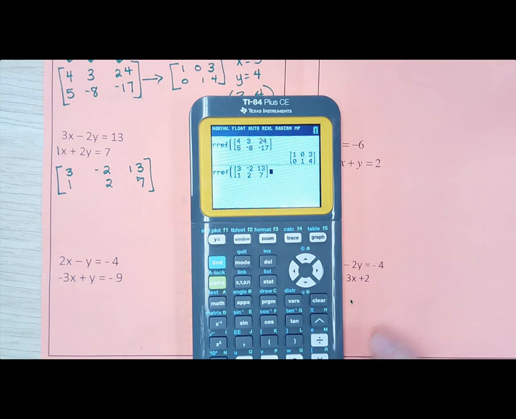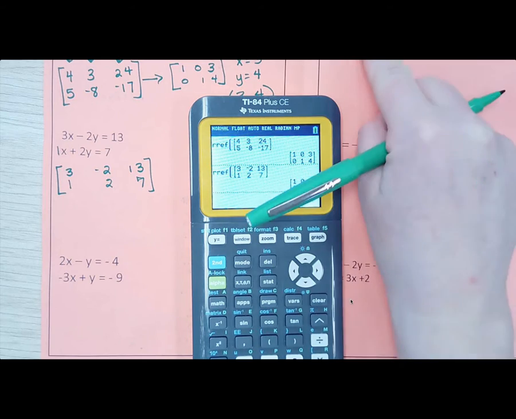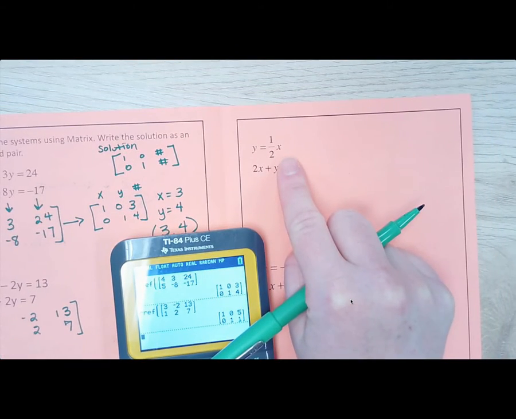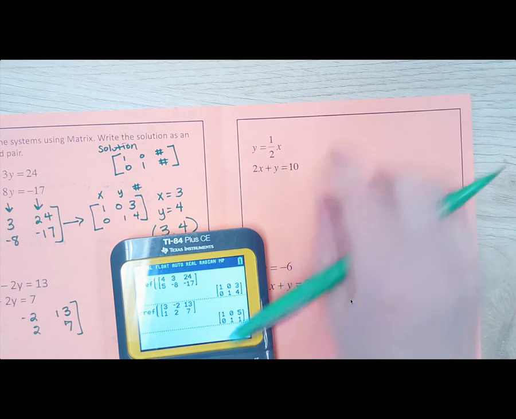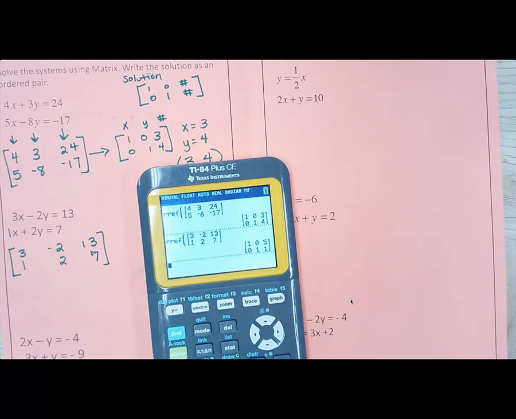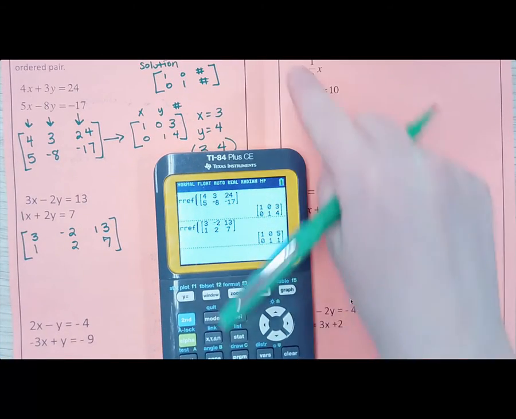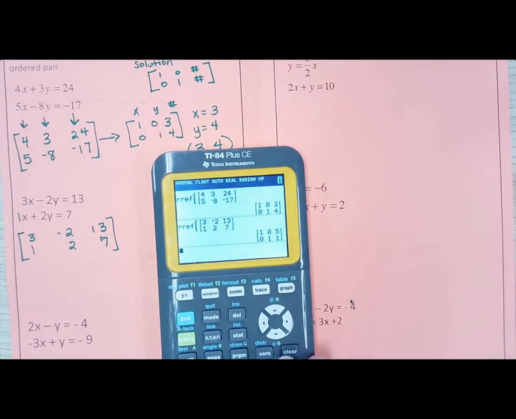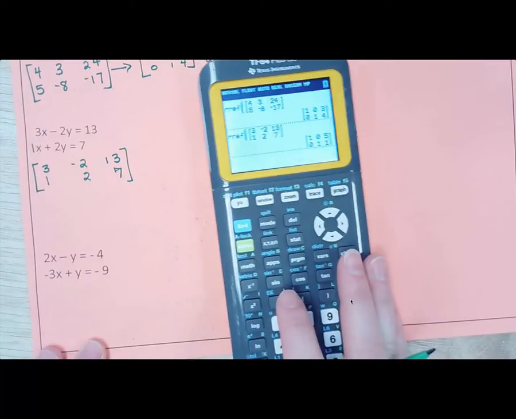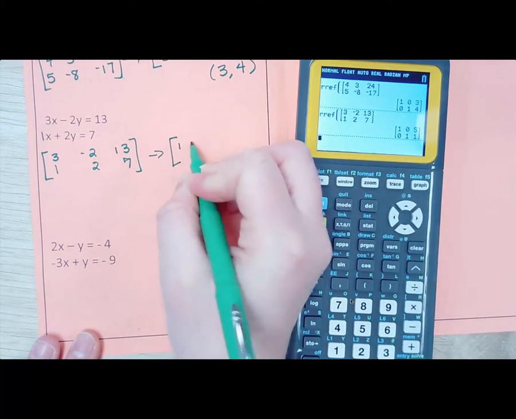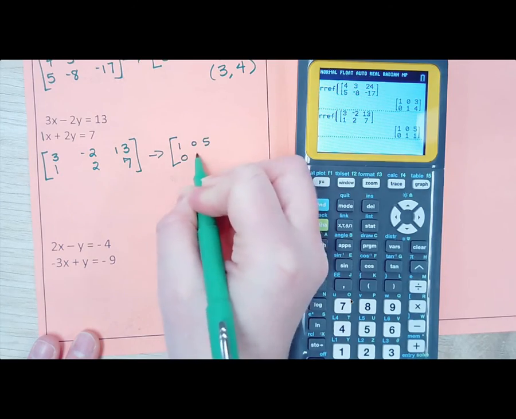So we're going to do those together. What do you think you need to do? They're not in standard form. You need to put it in standard form. 0.5, yeah. But you need to move it over to the other side or move the y over. Okay, so this one comes out to be 1, 0, 5, 0, 1, 1.